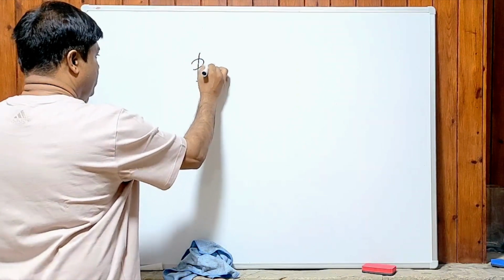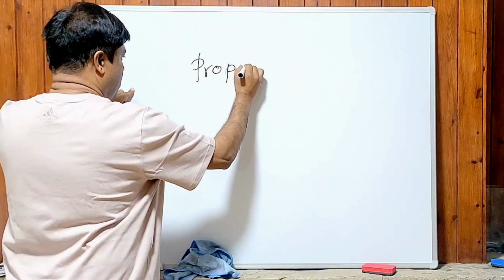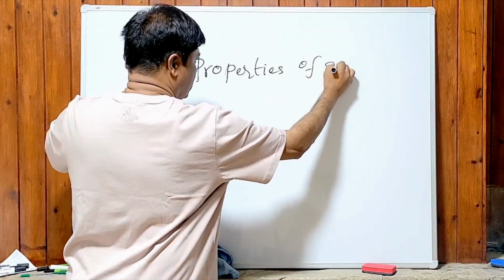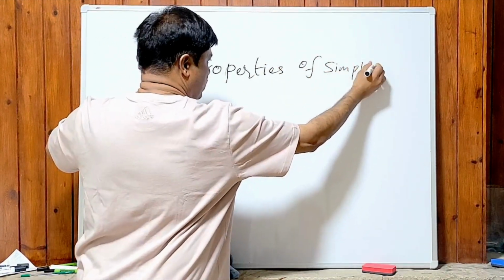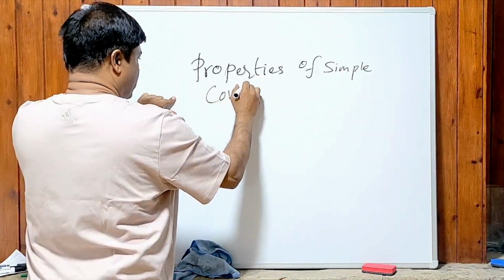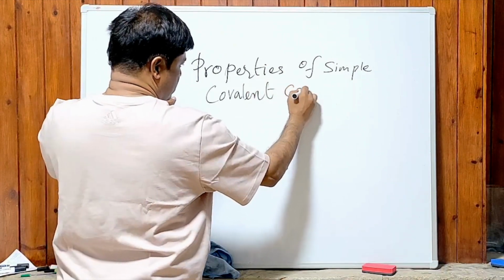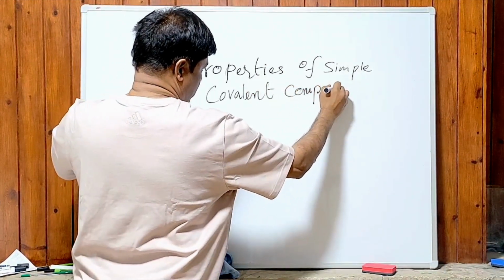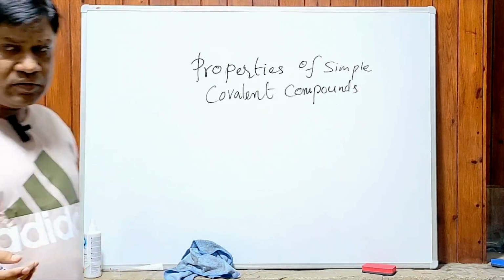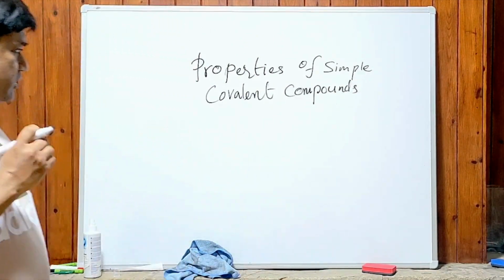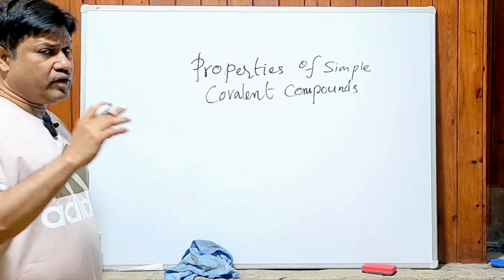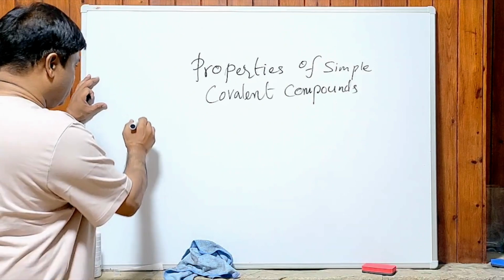Properties of simple molecules or simple covalent compounds. Like I just explained, they are formed by sharing a pair of electrons, so they have a lower melting point and boiling point.